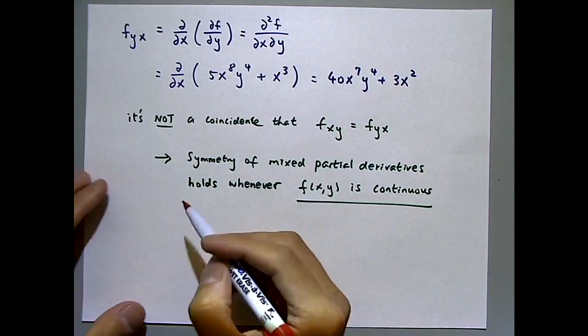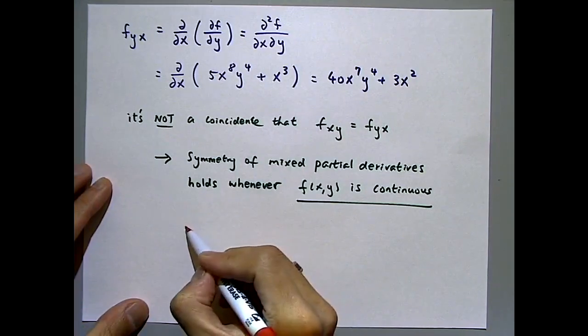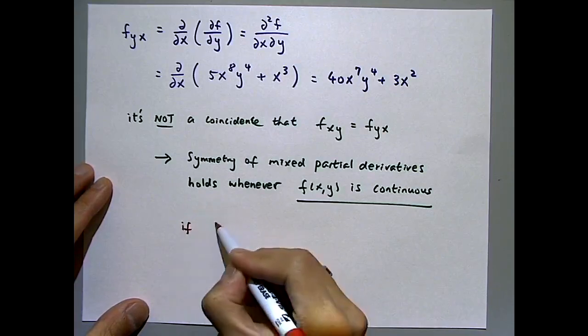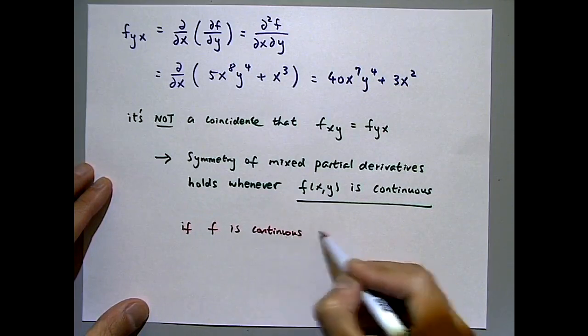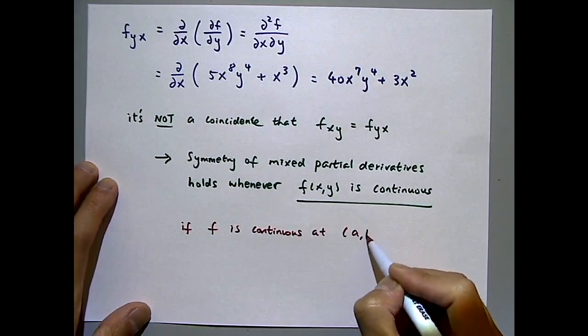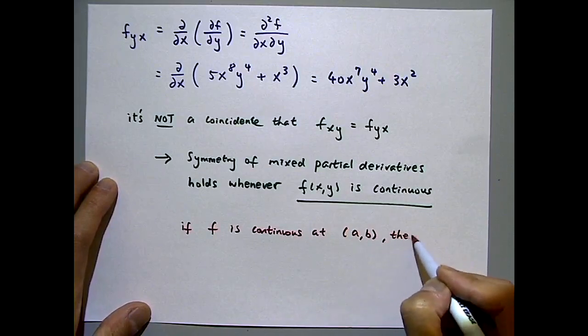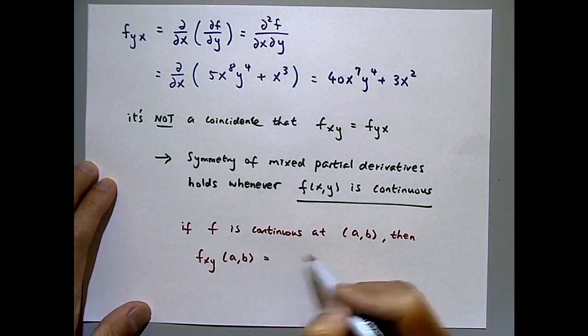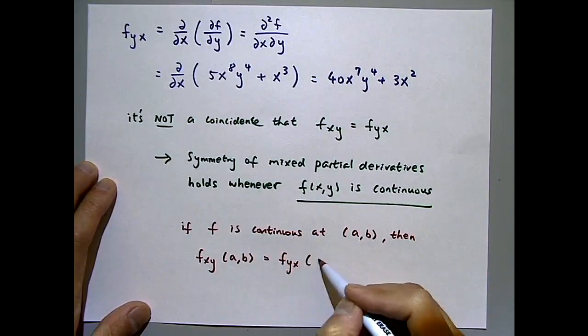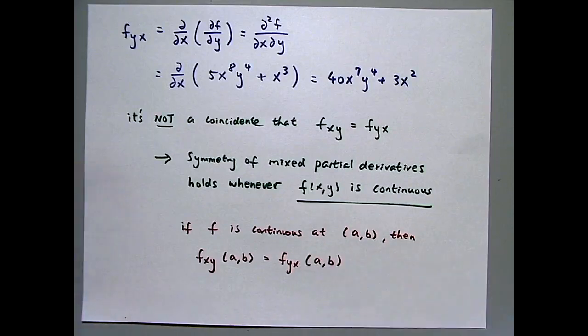In other words, if f is continuous at the point (a, b), then fxy at (a, b) will be equal to fyx at (a, b). Okay, and that's always true whenever the function is continuous at that point.